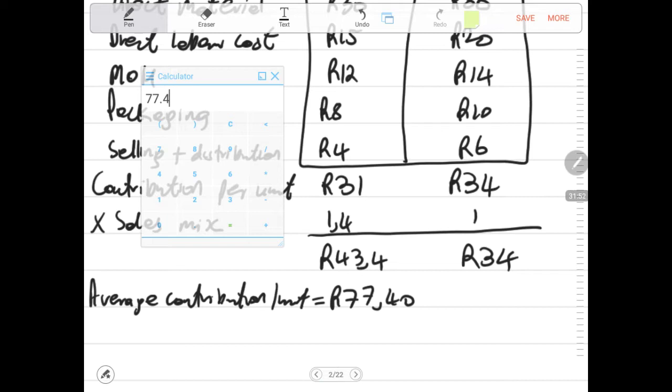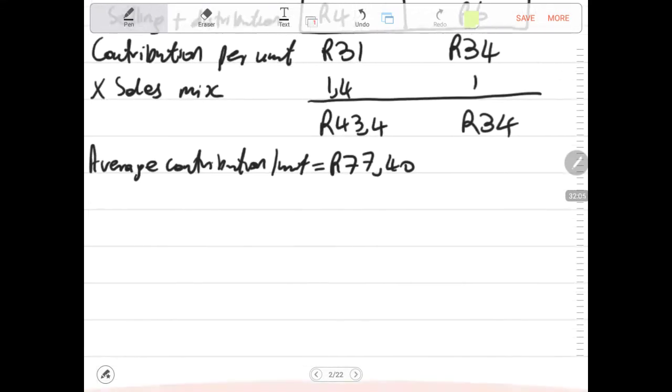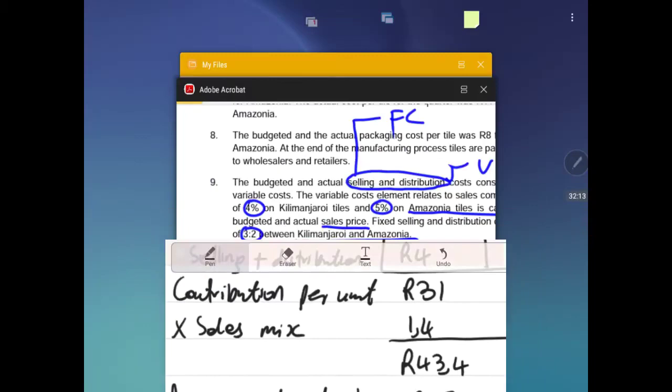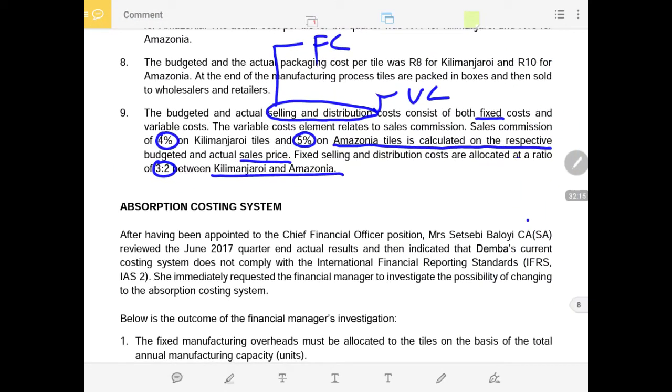So now this will be how we calculate our contribution first of all. Then after we have calculated that contribution for two products, we can do our break-even point, which is fixed cost. How much is our fixed cost first of all?